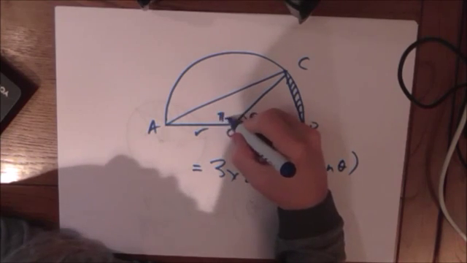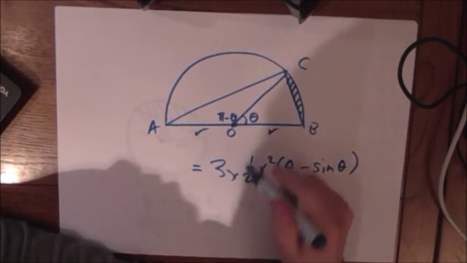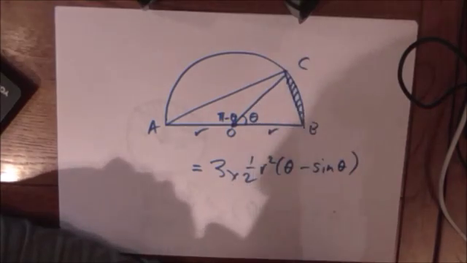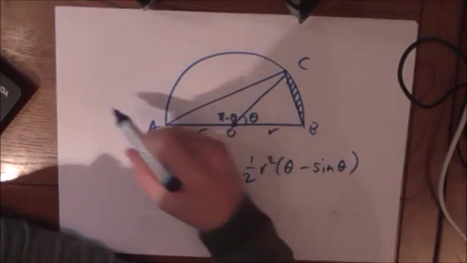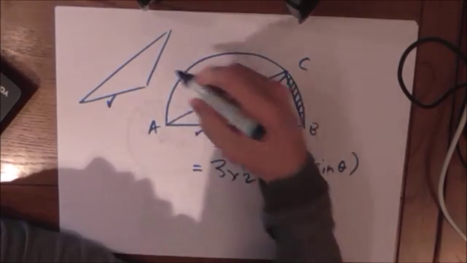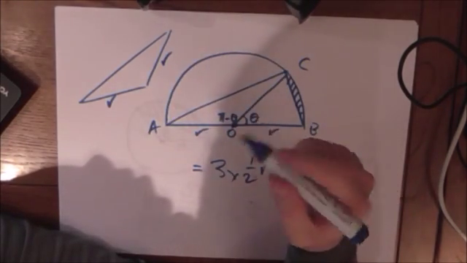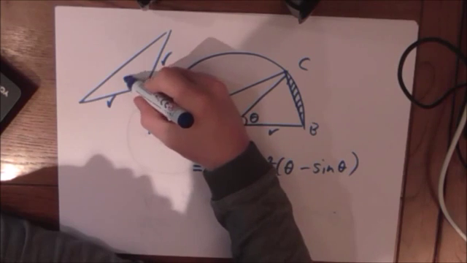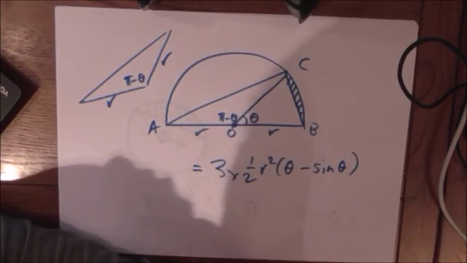Well, that's pi minus theta, because remember pi is 180. Let's just use the area of a triangle formula there. I'm just going to copy this fella out separately. That's r, that's also r. That's theta, that's pi minus theta.